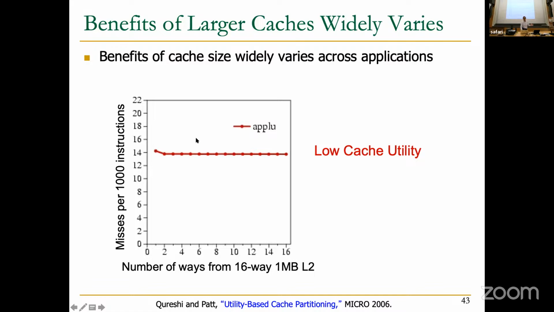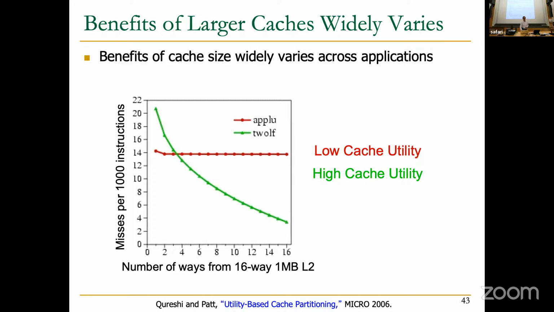Basically, if you increase your cache capacity by 16 times, it doesn't matter. For this application, the miss rate doesn't change. Why? Because of the access pattern, it's not benefiting from a larger cache, at least within that range. So this is an application where the utility of the cache is low.